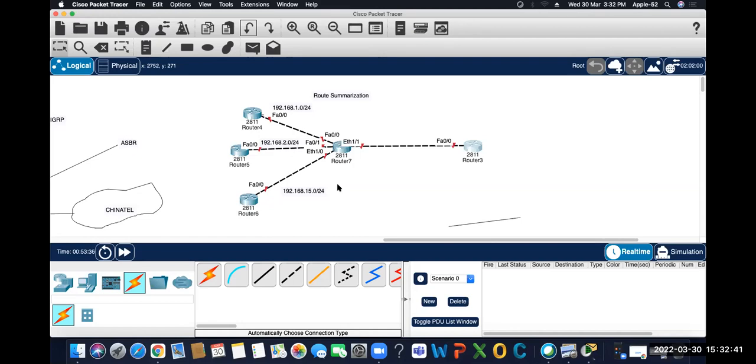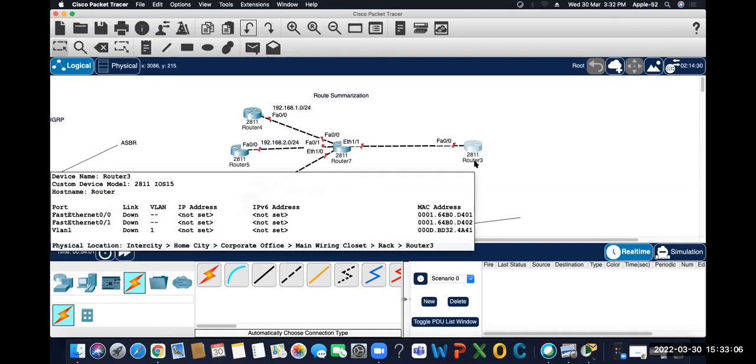That means I want to convey one message in only one line: with only one network address, this router can tell its information to router 3. Instead of telling the whole description that it is connected to 1.0, 2.0, 3.0 up till 15.0, router 7 can give only one line and send it to router 3.